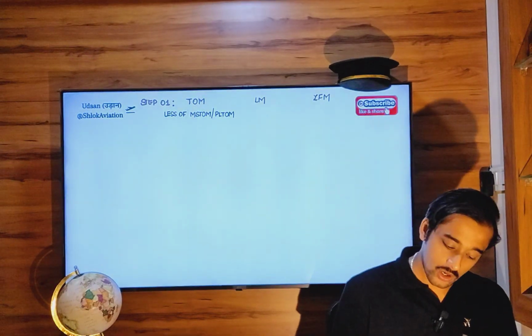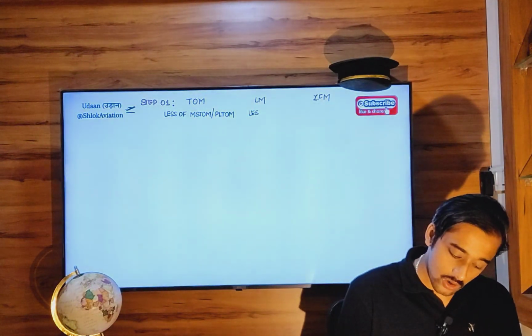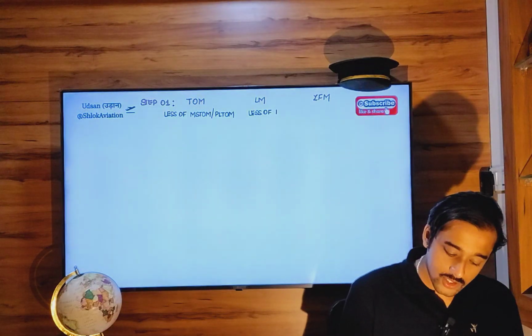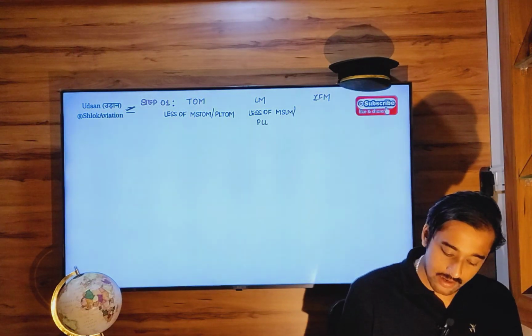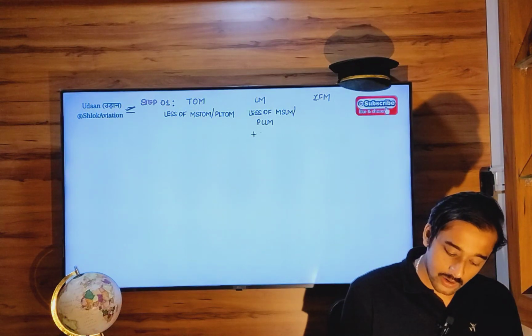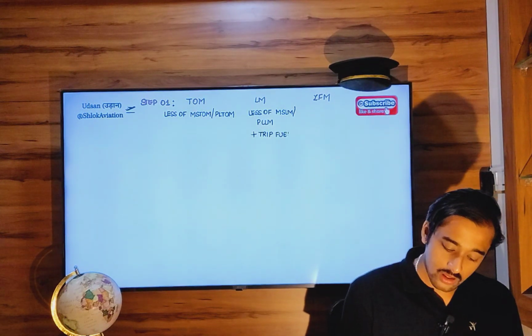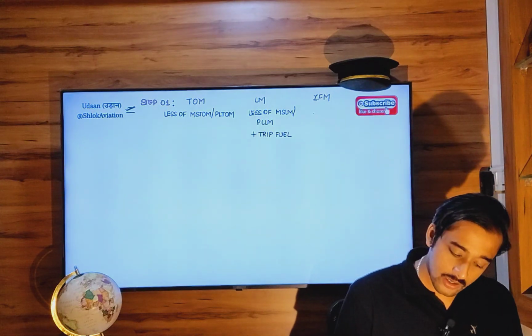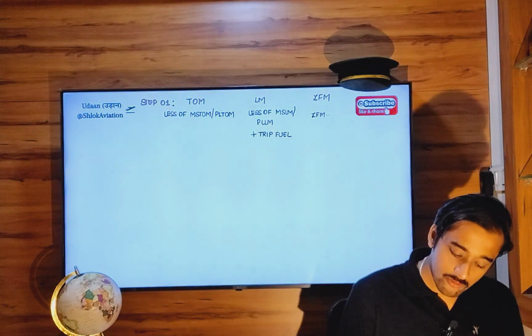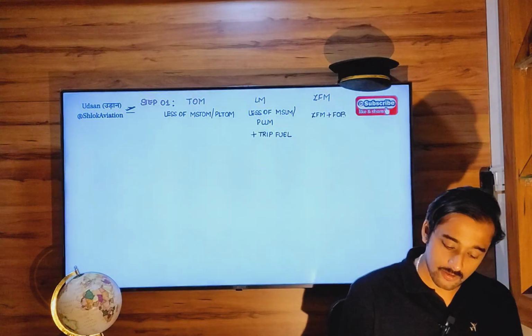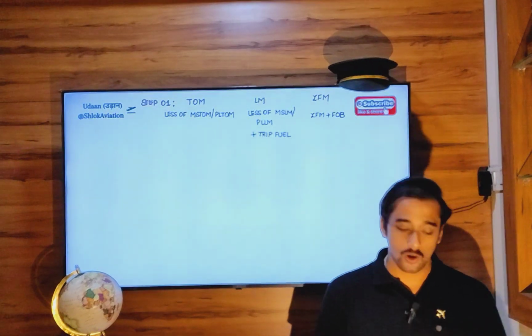In the landing mass column, you are going to write a value which is less of maximum structural landing mass and performance limited landing mass. To that value, you are going to add trip fuel. In the zero fuel mass column, you are going to use the formula zero fuel mass plus fuel on board or takeoff fuel. So let's start with the takeoff mass column.